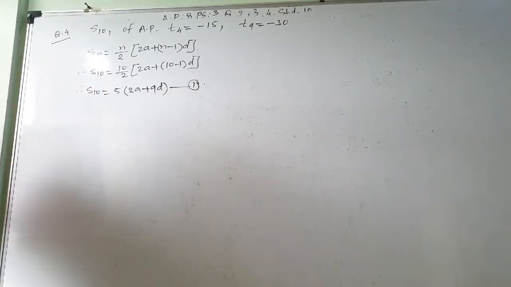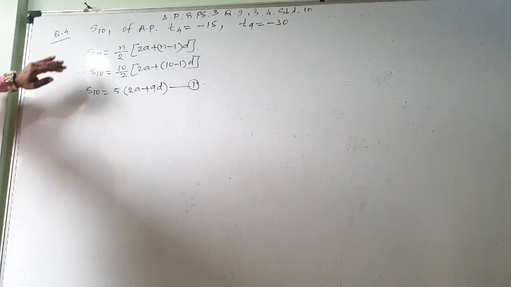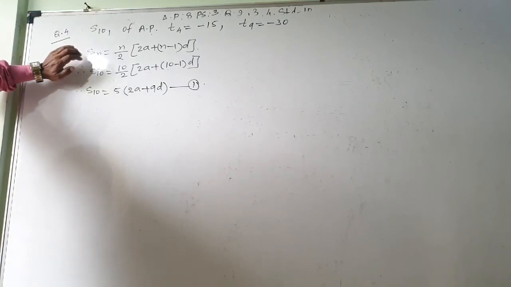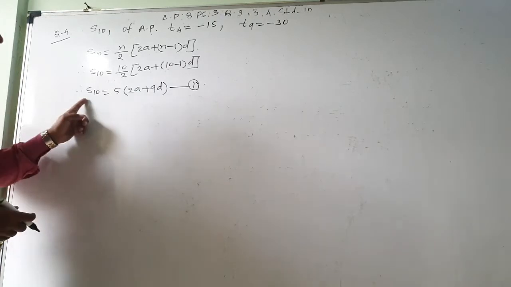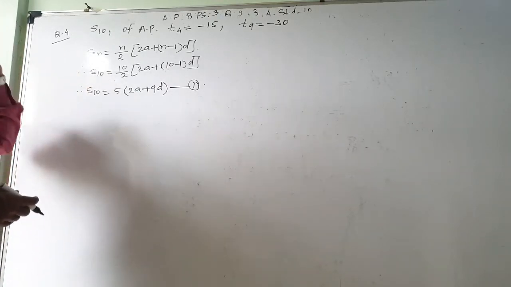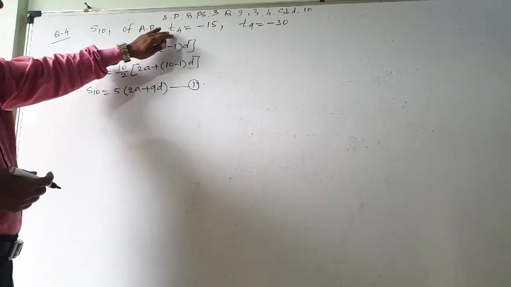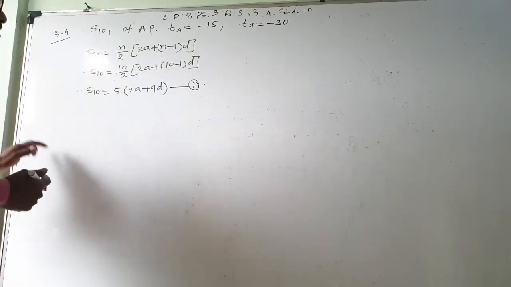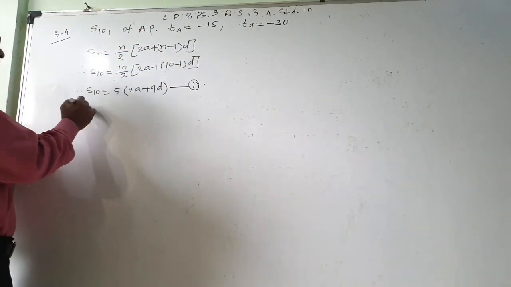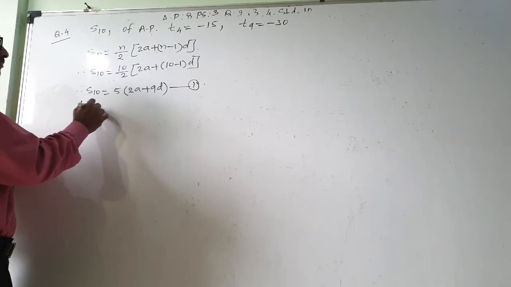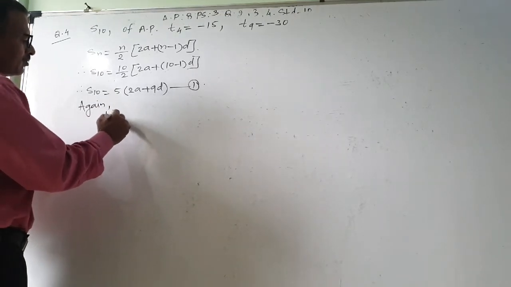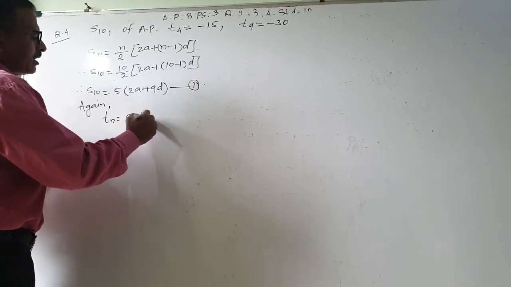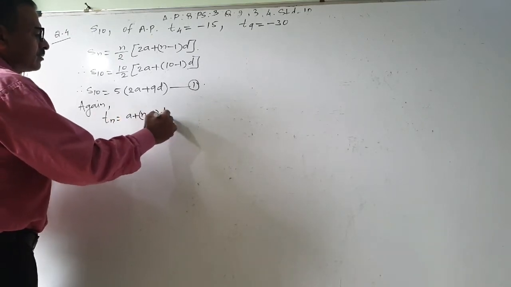Suppose I have half mark for the formula. So from here I will get half mark. And if I am failing in mathematics, here I will get half mark. So 1 mark I may get. Another formula I have to write to ensure that 1 mark I will get. Again, Tn is equal to a plus n minus 1 into d.